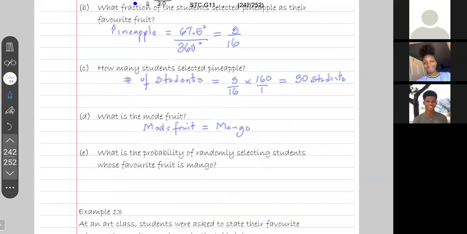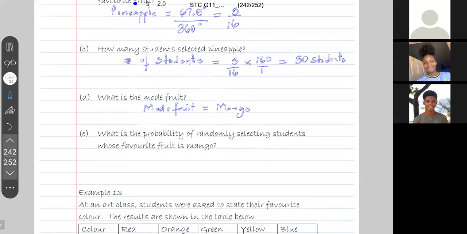Now, here's what we're asked lastly. What is the probability of randomly selecting a student whose favorite fruit is mango?